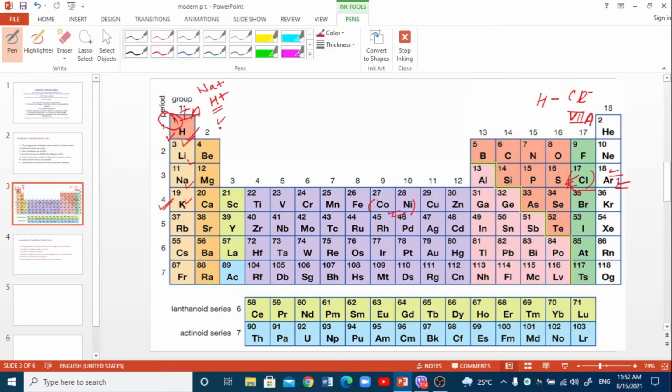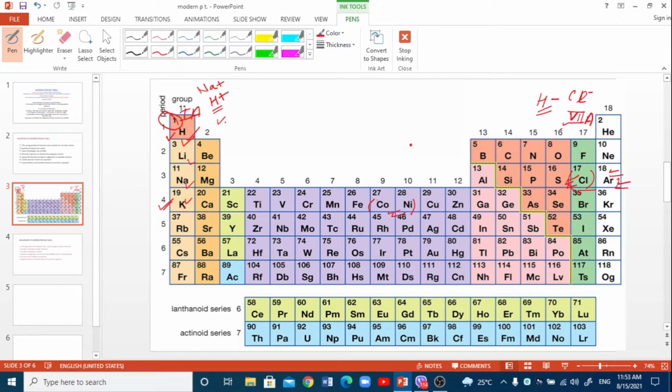It can be kept in group 1A because it has one electron just like lithium, sodium, potassium, and hydrogen can be kept in group 7A because it behaves just like group 7 elements fluorine, chlorine, bromine, iodine, because it gains one electron to become H minus just like chlorine, fluorine, bromine, iodine. So this problem is solved to some extent.